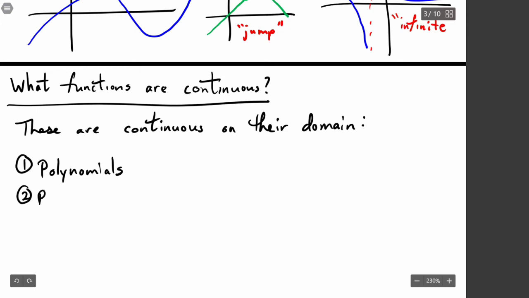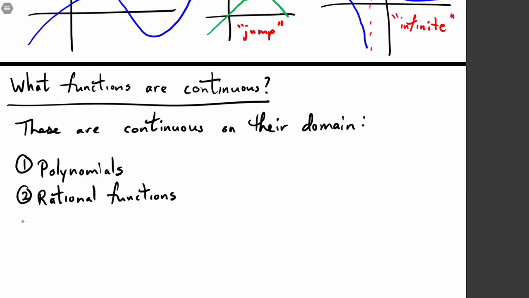Rational functions. What are rational functions? These are like a polynomial divided by a polynomial. So these are continuous as long as the denominator is not 0. Okay. What else could we have? We have something a bit more general, which we call algebraic functions.